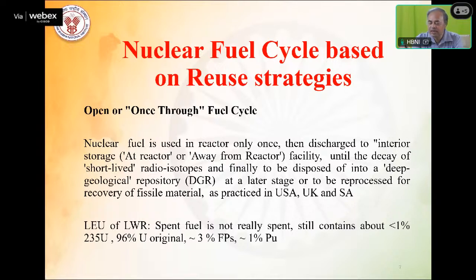And little less than 1% U-235 is still present in the spent fuel. This plutonium is actually man-made material. It is not found naturally. So it is converted from U-238 to plutonium-239 in the reactor, nuclear reactors.